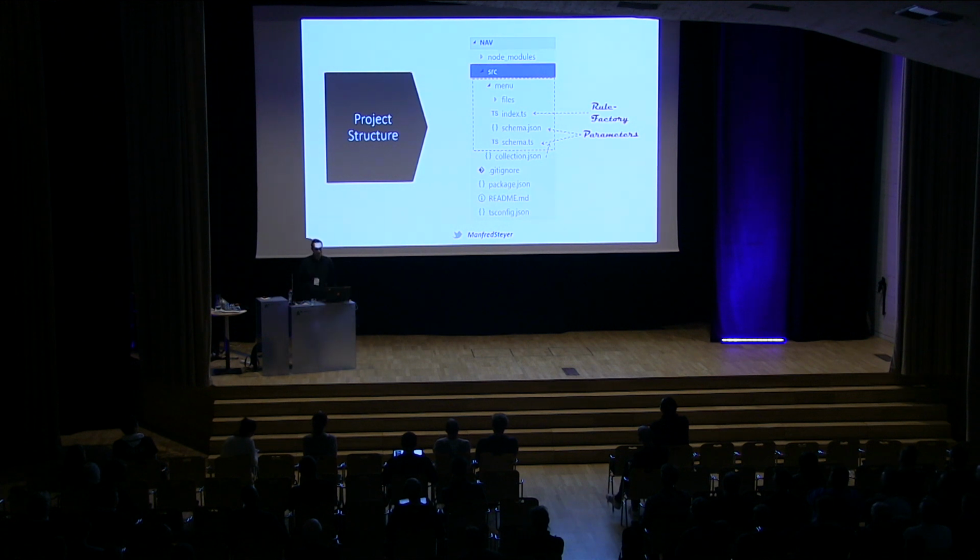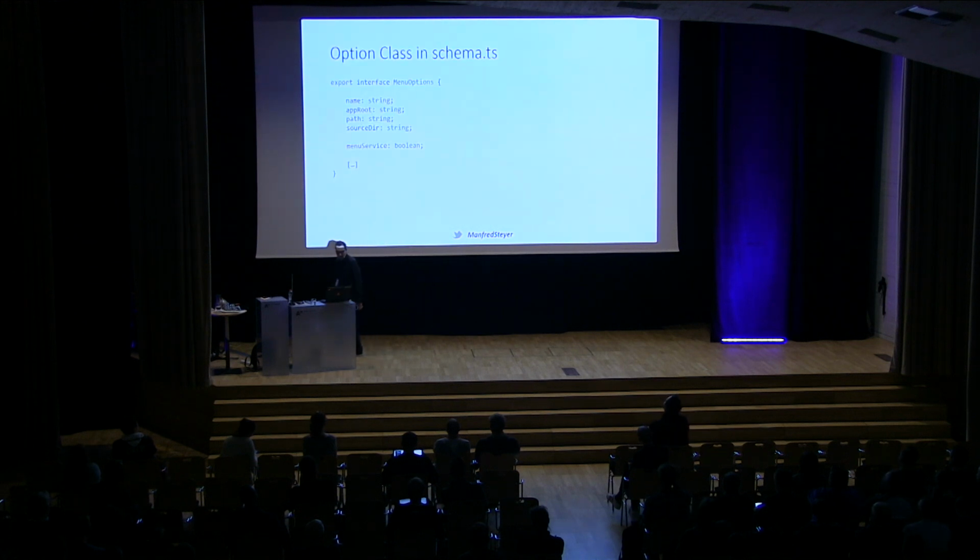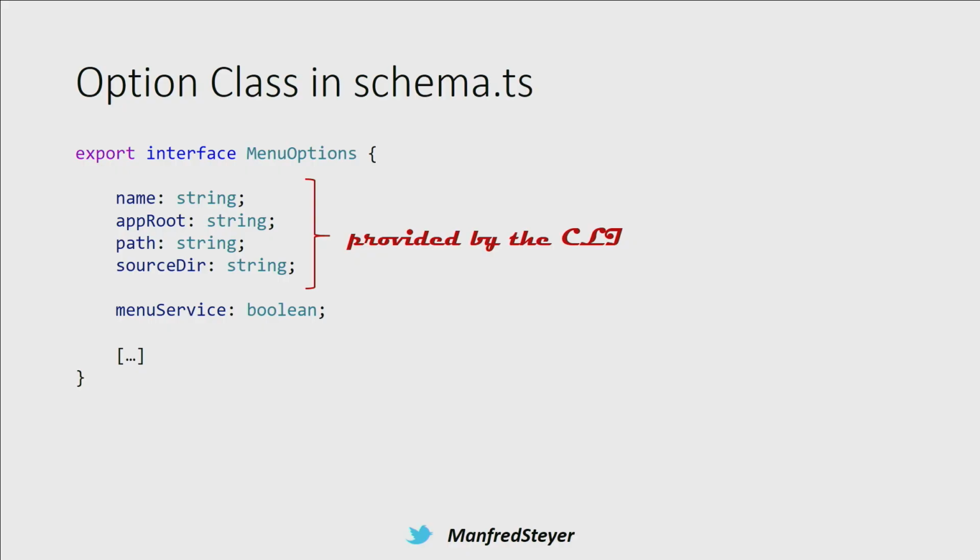And as you can imagine, it just contains some JSON schema that describes all the parameters that are allowed here. And then we have the schema.ts file, and it contains the same, but in the form of a TypeScript class. This is what it looks like. It just contains a property for all the parameters, and some of the properties are automatically passed by the CLI, and other parameters are custom parameters, like this menu service flag here.